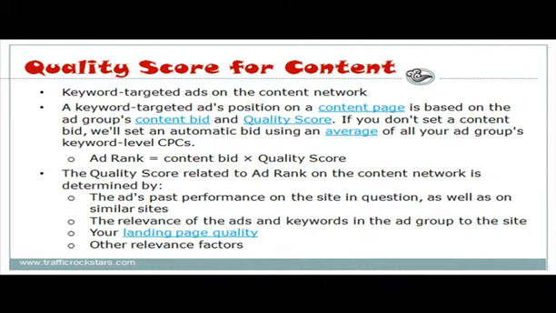And we can also see that the other factors with quality score are the ad's history and also the relevance of the ads and keywords in the ad group to the site. Now in search, it's the same, but it's a relevance to the actual search query. For content, it's a relevance to the site. Your landing page quality also has an impact and other relevance factors that Google doesn't usually tell us.